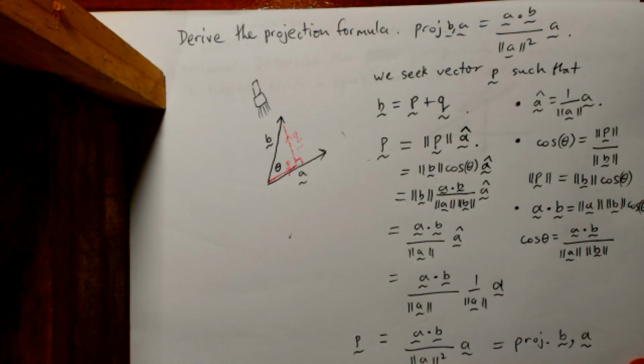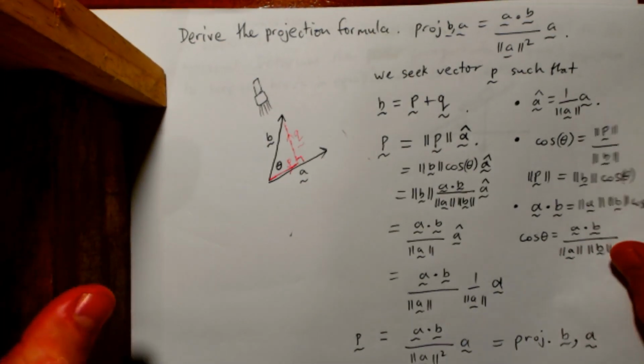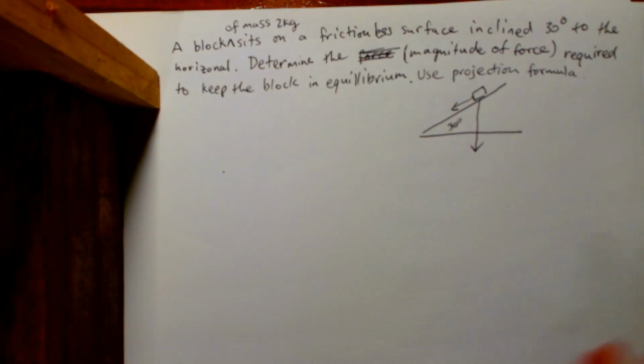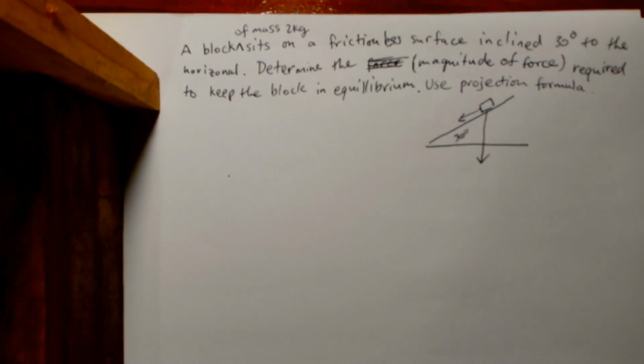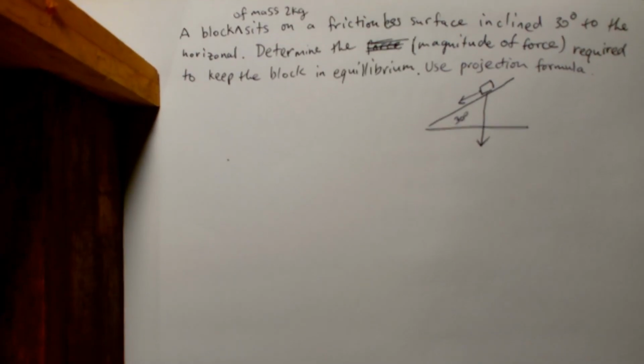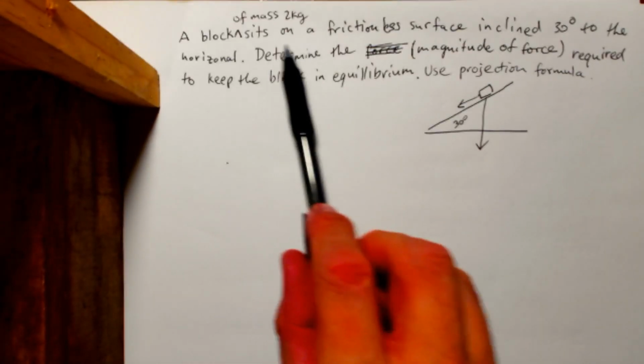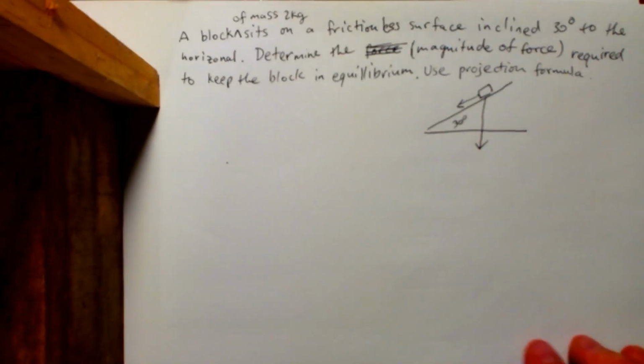Okay, so next I want to show you an application of this formula. I've maybe not worded the question that I have in mind in the best way, but I'll try to explain what I mean. A block of mass 2 kilograms sits on a frictionless surface, so I want to neglect friction here.